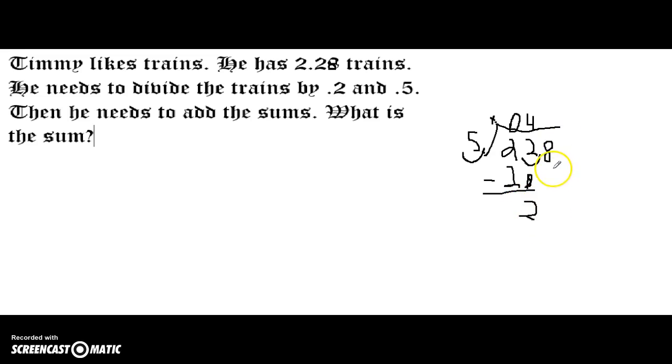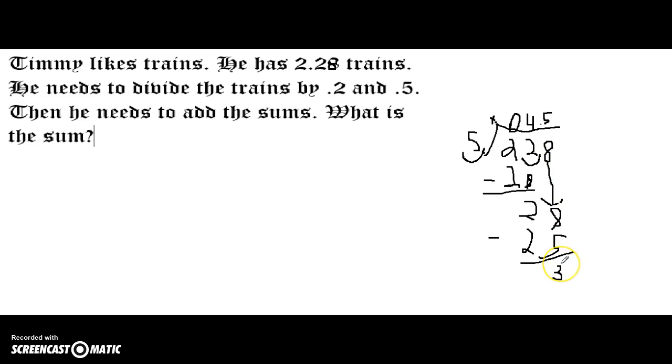Then you have to bring down this 8 because, of course, you know that 5 can't go into 2, so you have to bring down this 8. 28. 5 goes into 28 5 times. 5 times 5 is 25. 28 minus 25 is 3.